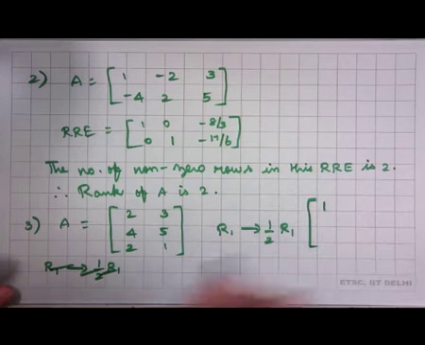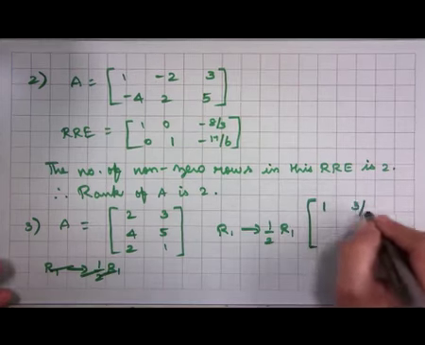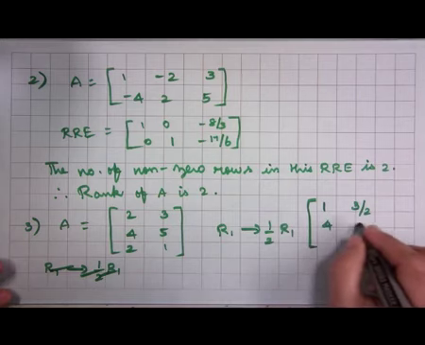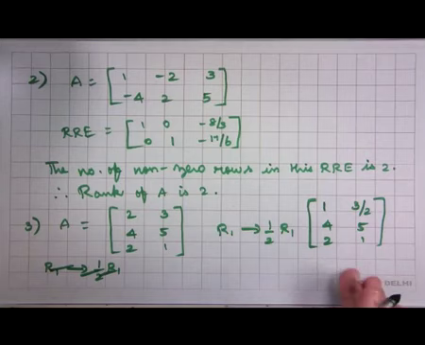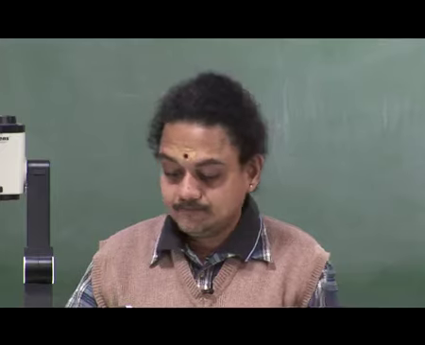You have 1, 3 by 2, 4 5 2 1. Next thing that you will have to do is convert this 4 and 2 into 0.